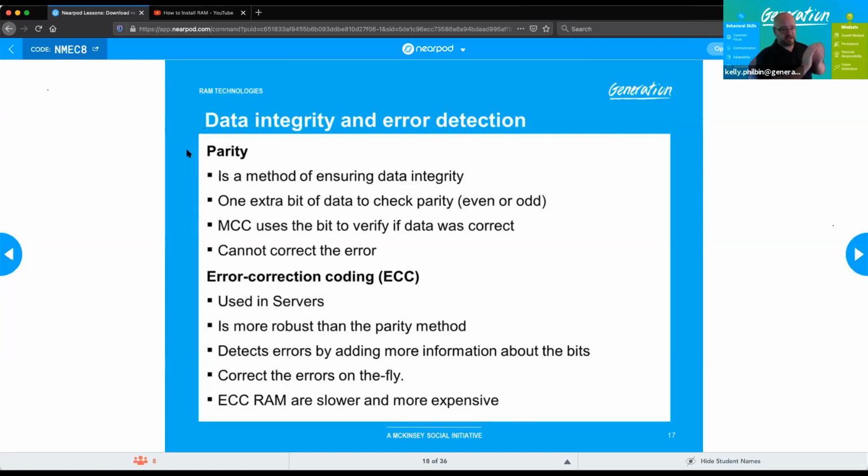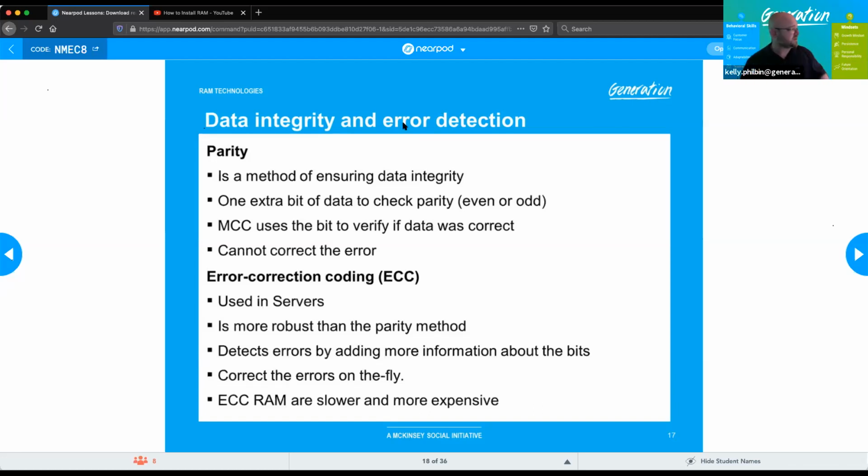It uses that extra bit just to verify if it was correct. It can't correct the problem. If it's supposed to be even, but it gets odd, it'll send back a request and say, hey, I need that information again. It's wrong.